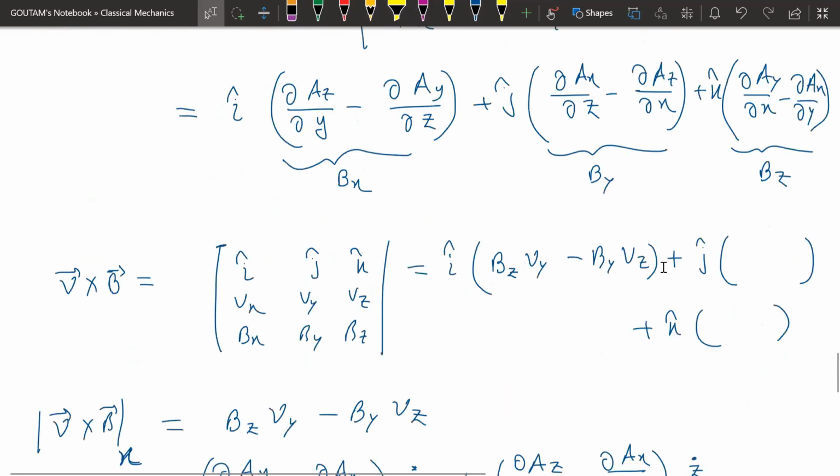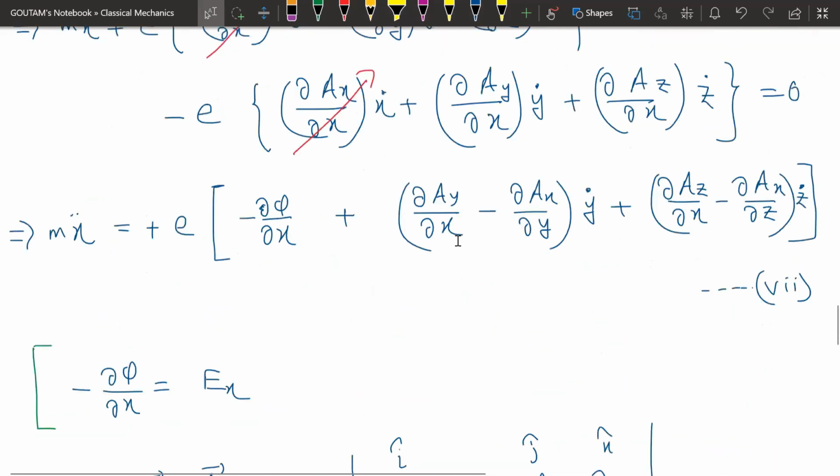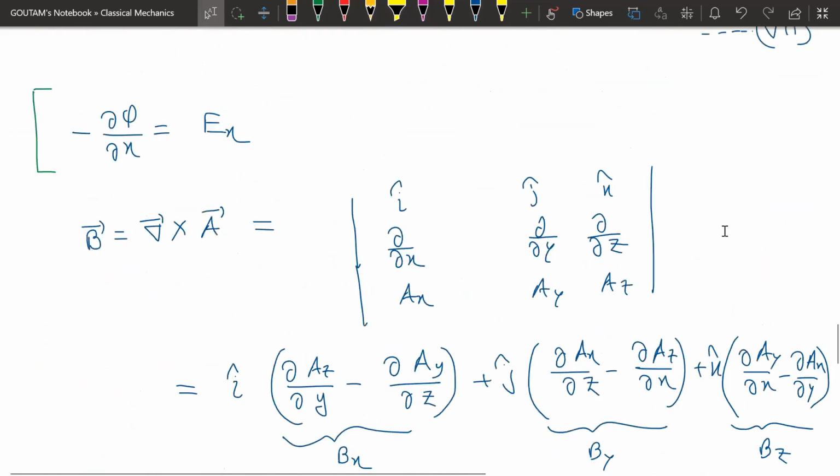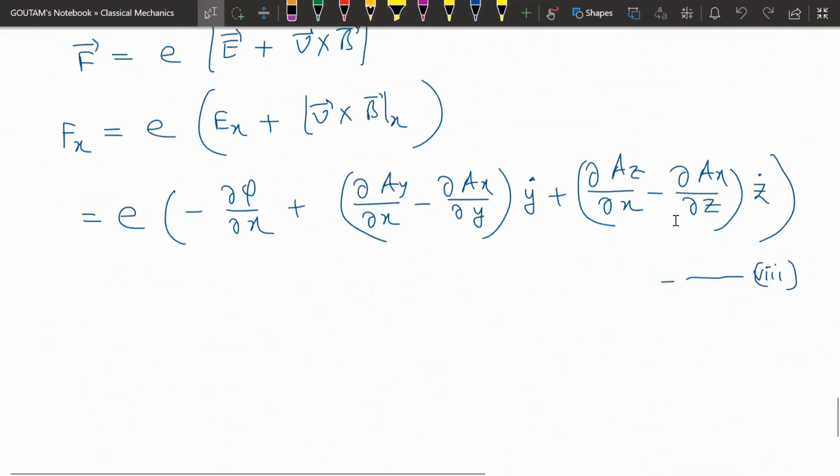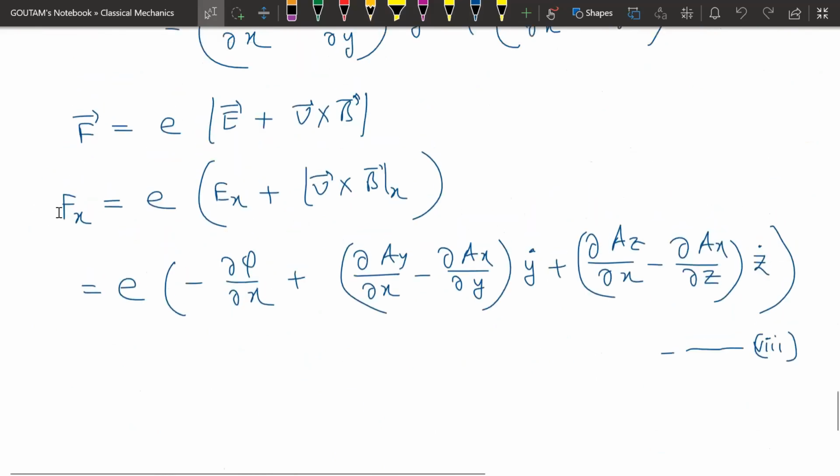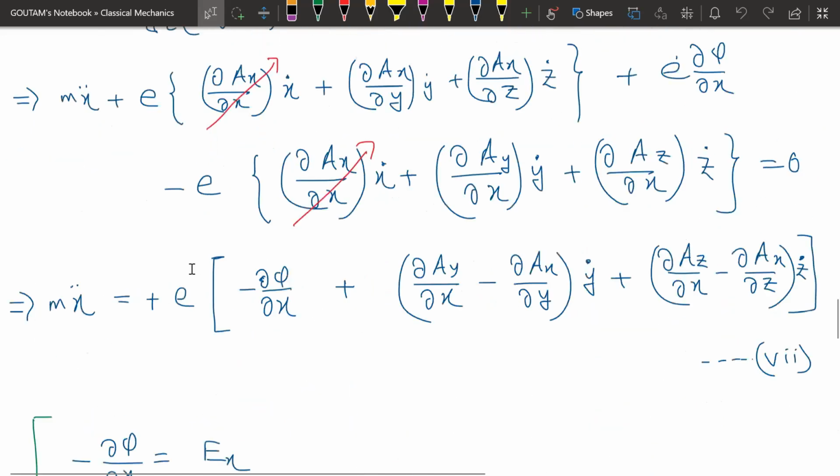So now look at this equation, equation 7. What is this? This is the same as the x component of this generalized total force, right? Look at this term. This term is the same as this term here, right?